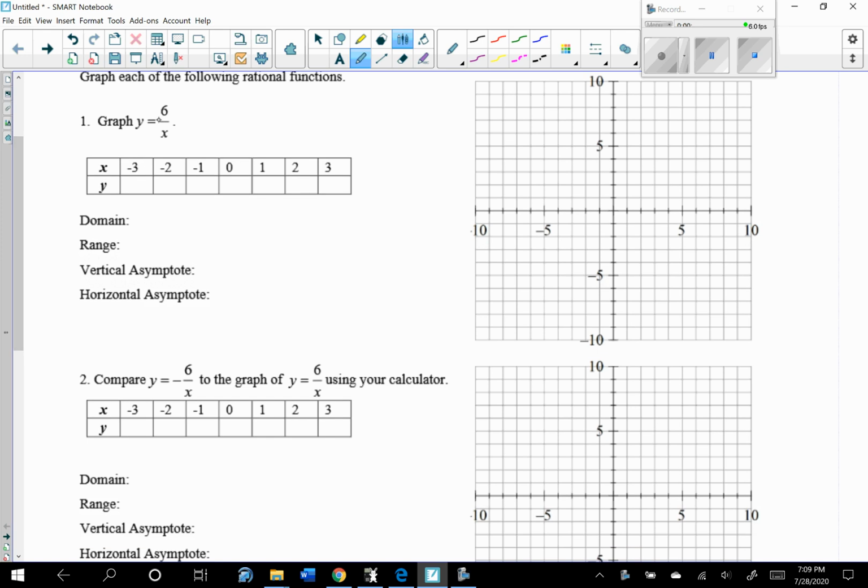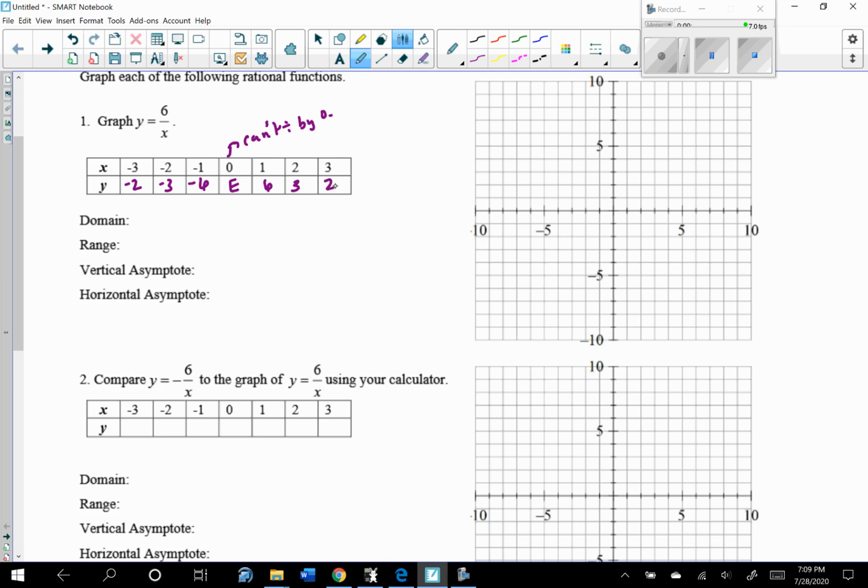So if we plug in -3, 6 divided by -3 gives us -2. 6 divided by -2 gives us -3. This would be -6. If I plug in 0, remember I can't divide by 0, so this would give me an error. So again, we can't divide by 0. And then this would give me 6, and then this would give me 3 and 2.